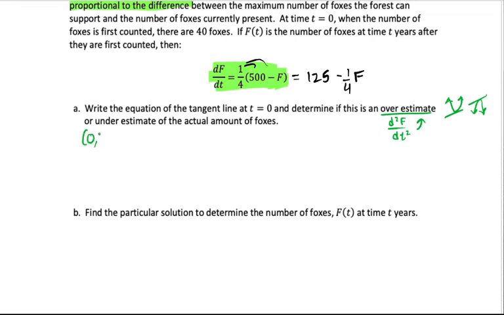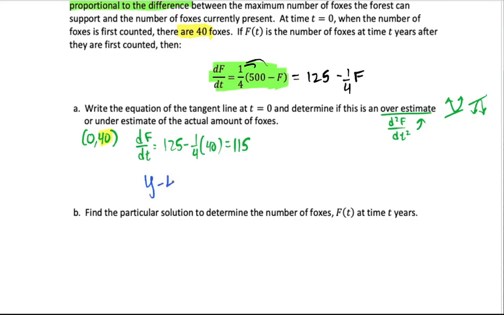So at t equals 0, there were 40 foxes. Okay, that was given to us way up here. It said, hey, 40 foxes when we start. So let's just find the slope. So df over dt equals this, 125 minus 1/4 of 40. And I'm pretty sure that that's 115. And now we can just write the equation of a tangent line.